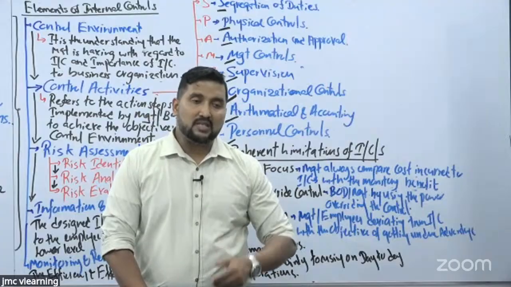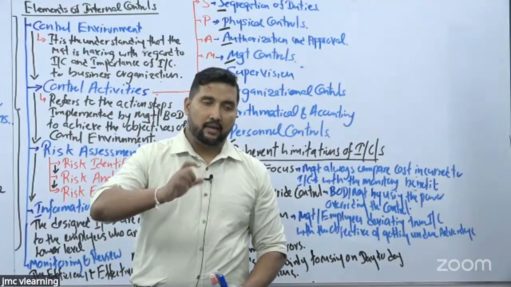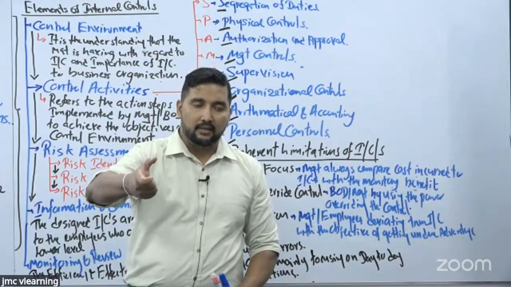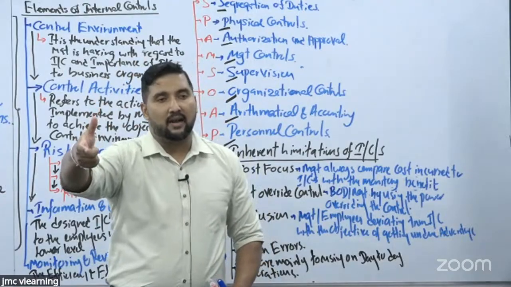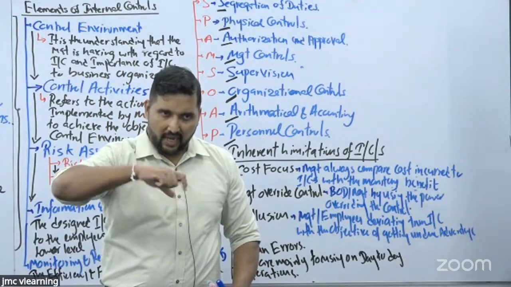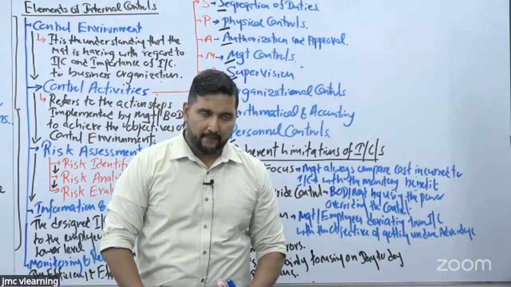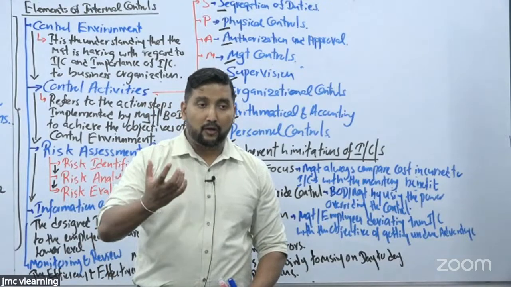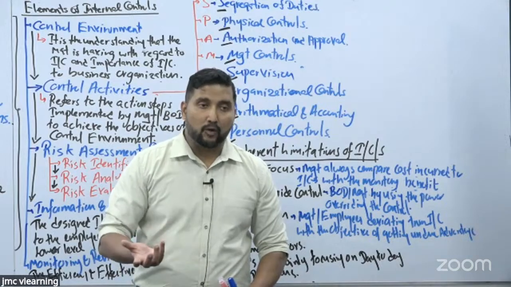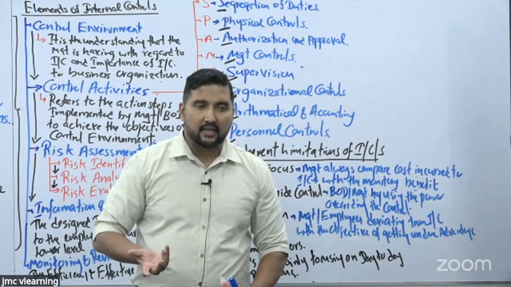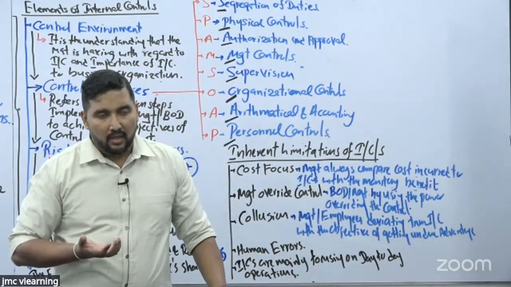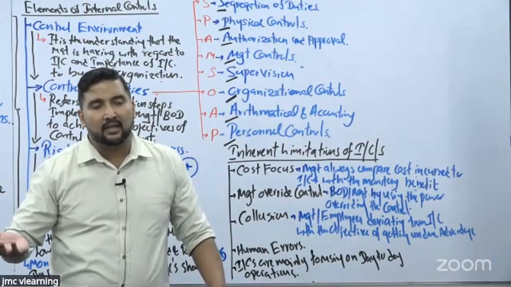Once he goes out, he removes the tag of 100 and puts a tag of 110, sells the items at 110, keeps the 10 rupees with him, and settles the company 100 rupees. Fraud or an error? Fraud. It's a fraudulent activity. So in order to prevent that fraudulent activity, you are implementing internal control.